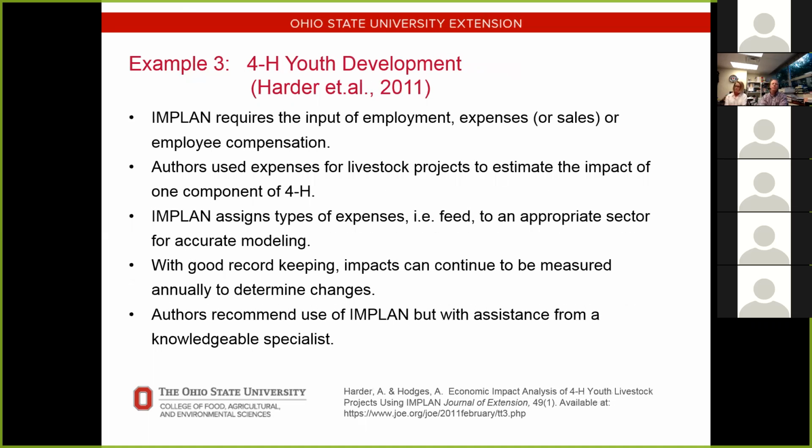Example 3 is a youth development example. In this case, Extension was really challenged, and I think a lot of states are, to prove 4-H's worth. So what they did is they chose, and this was a county, not a state. In IMPLAN, when you're framing up a project, you look at the area.